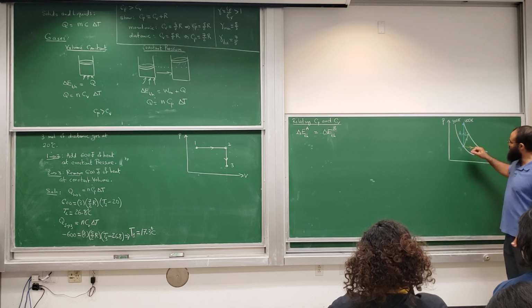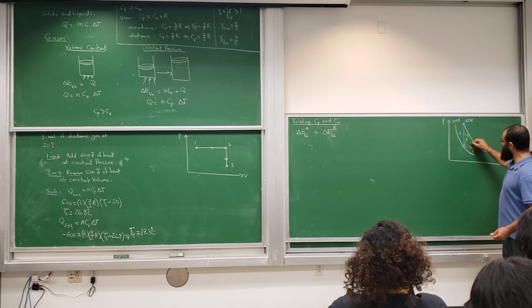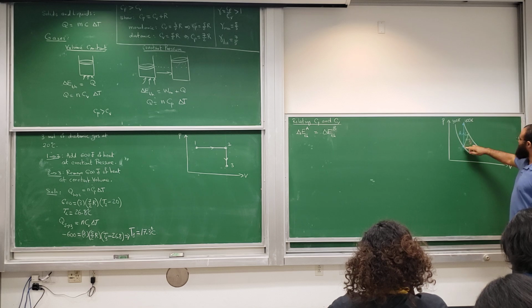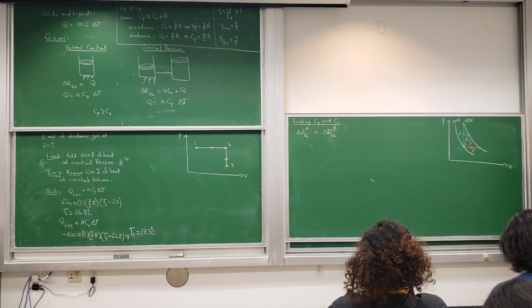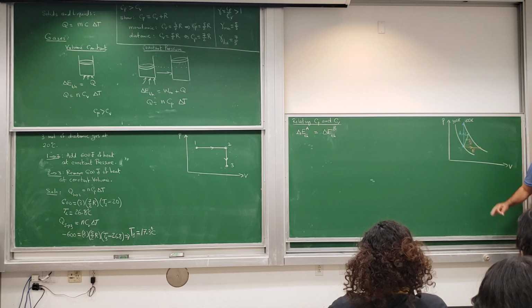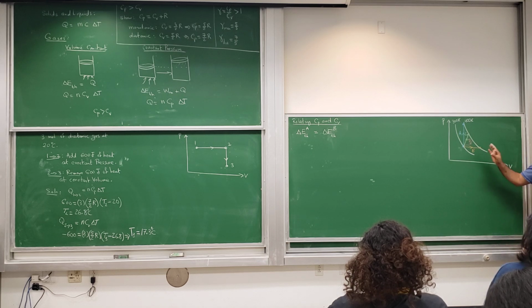And then let's say this more arbitrary process, process D, that goes wiggling like this. The change in thermal energy through that process is also the same, as long as we don't care what happened in between. Thermal energy only cares about the temperature. So the change in temperature is the same, and the change in thermal energy is going to be the same. So that is that.